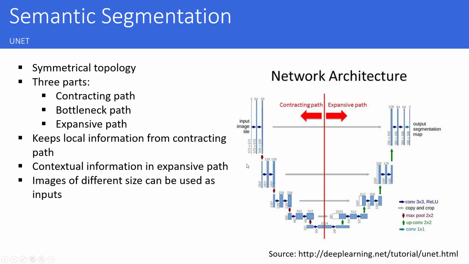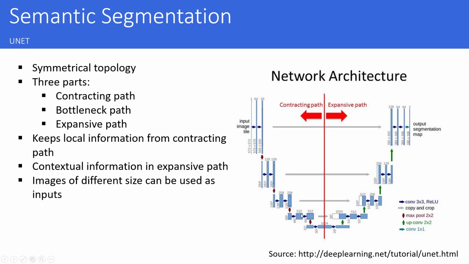So in general, this kind of algorithm keeps the local information in this field of the contracting path. So at the beginning, you're starting with your image, and you do all the steps that we did in image classification, something like convolutional layers application, and then some pooling layers application, and then bringing this to the next level.